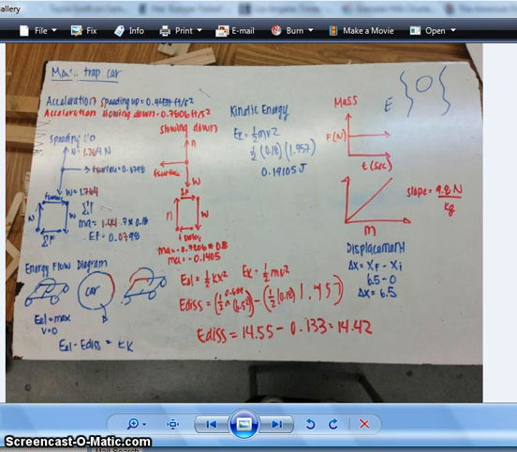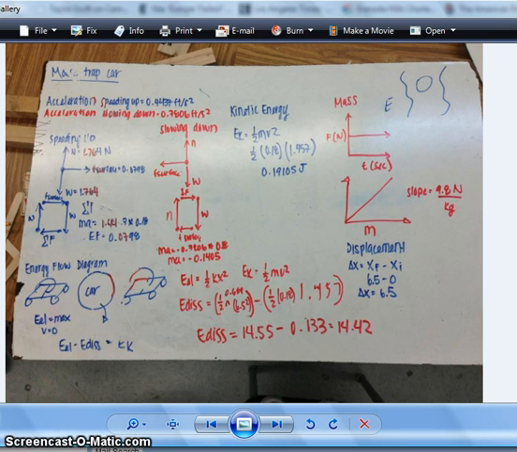Our system is our car, and as soon as we release the spring, energy is dissipated, which leads to our kinetic energy, which was 0.19105, found in the previous equation. Therefore, our E dis equals E elastic minus EK.